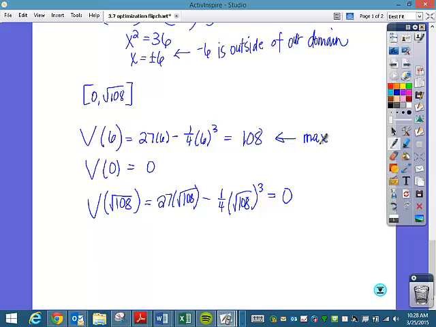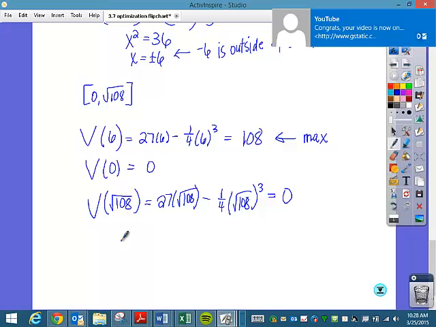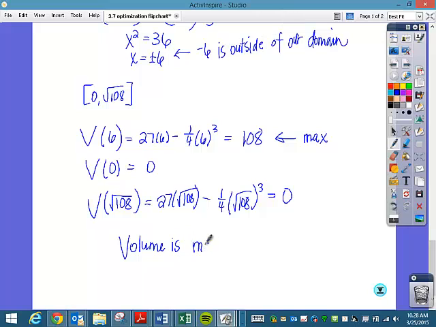So we maximize volume. Volume is maximized when x is 6.